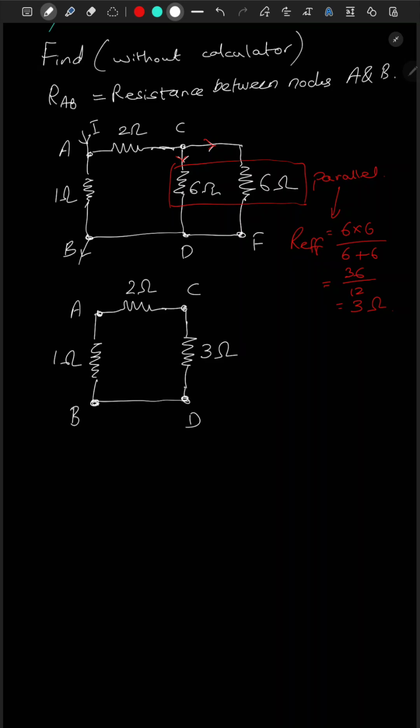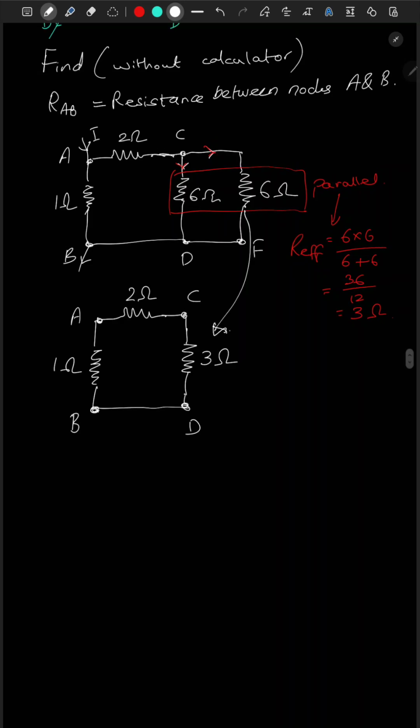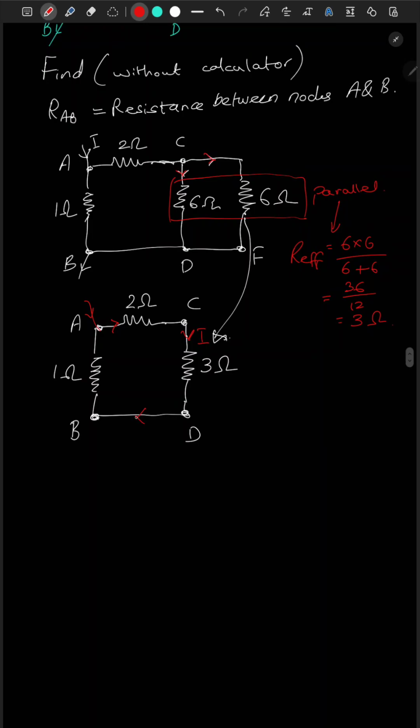So now this is replaced by the 3 ohm. The current now would flow in the 2 ohm resistance, and the same current will flow to the 3 ohm resistance and then back to B. If the same current flows, this is in series.